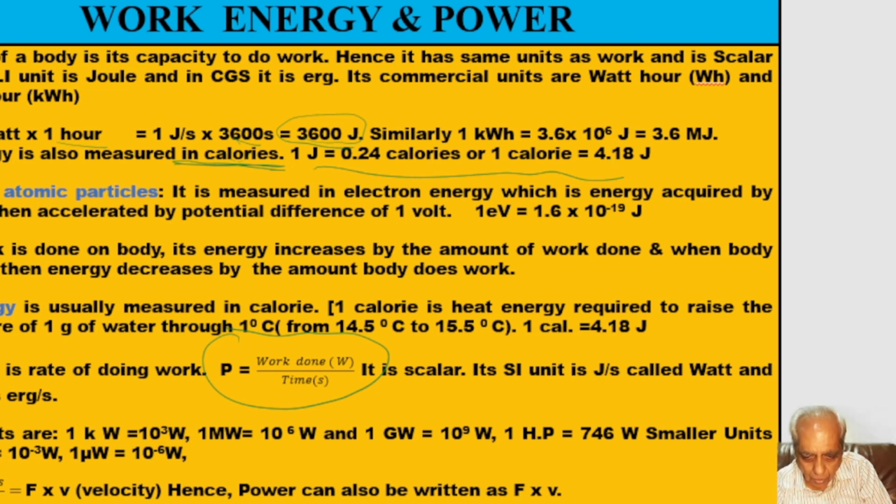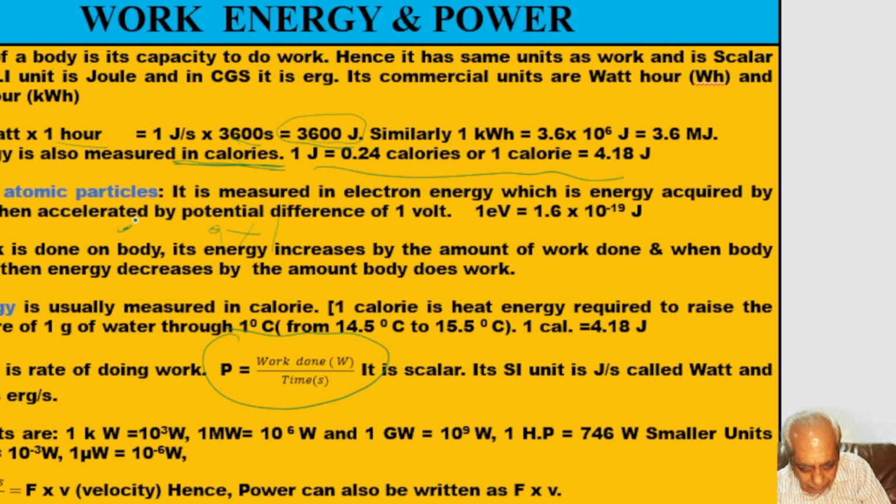Now in atomic physics, the energy of electrons, protons, neutrons is measured in a unit called electron volt. 1 electron volt means the difference between 2 points is 1 volt. Suppose this is plus 1 compared to this, so if the electron is here, it will get attracted by this plus 1 volt.